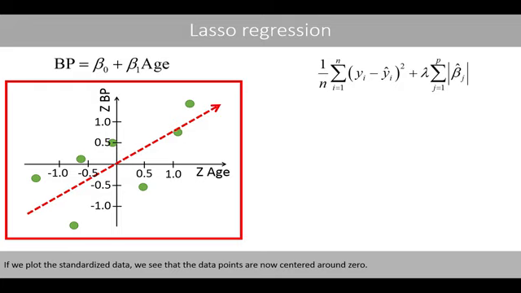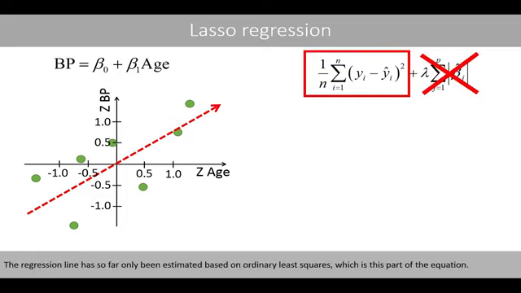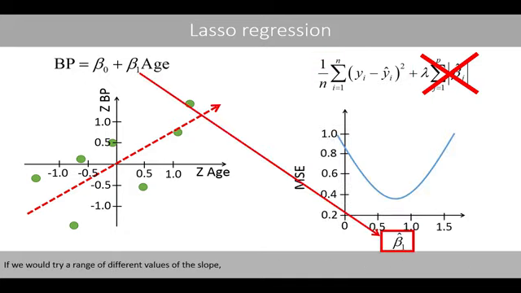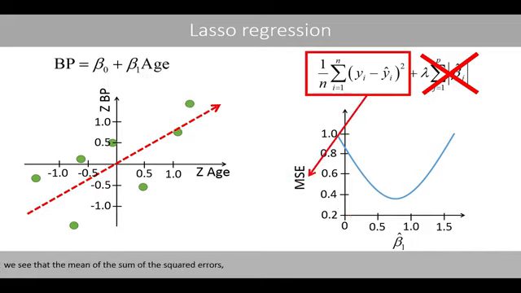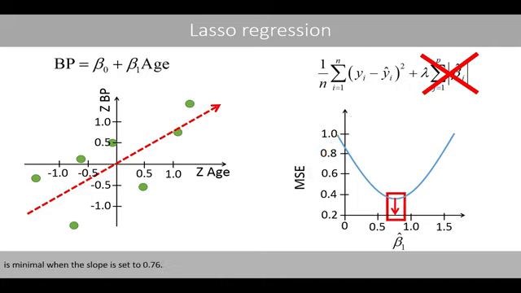If we plot the standardized data, we see that the data points are now centered around 0. The regression line has so far only been estimated based on ordinary least squares, which is this part of the equation. If we try a range of different values of the slope, we see that the mean of the sum of the squared errors is minimal when the slope is set to 0.76.